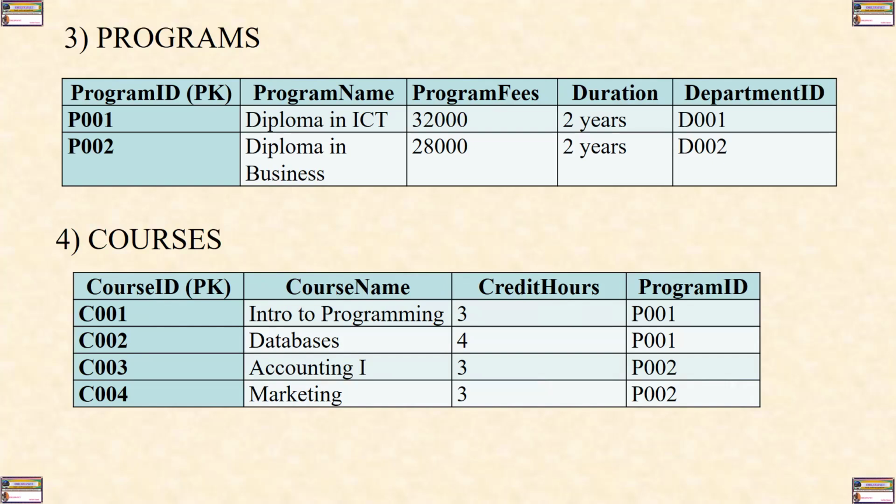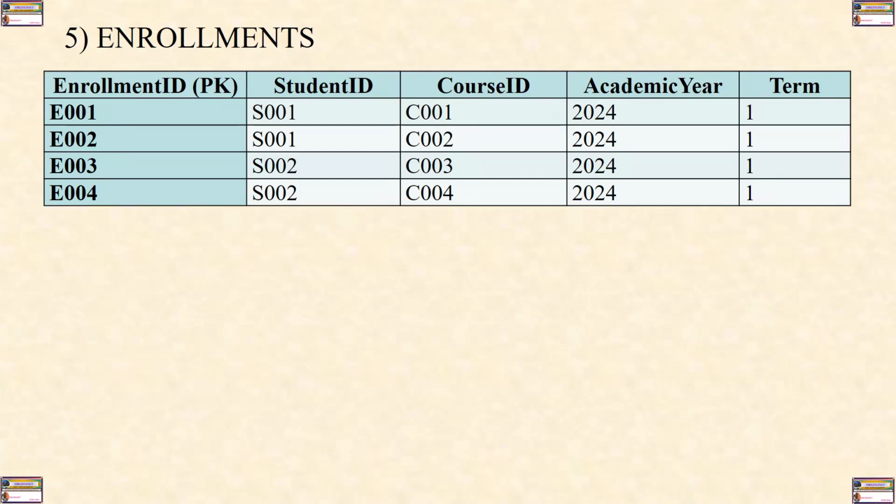The courses table has primary key, course ID, and it has the rest of the information, but we have the program ID there to show that each course belongs to a certain program. Look at that. You don't just leave a table pending. You have to put a field connected to another one. Then enrollments table. We have enrollment ID as the primary key.